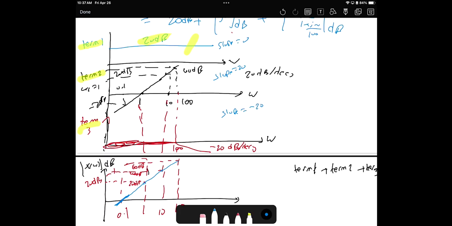So it will maintain at 60, because the slope equal to 0 plus 20 minus 20 makes it 0. Then it will remain only at 60. So it will increase from negative infinity. At 0.1 it will reach 0, then at 1 it will reach 20, then at 10 it will reach 40, then reach 60 and maintain at 60. Okay, does this make sense? Now, how about the phase?